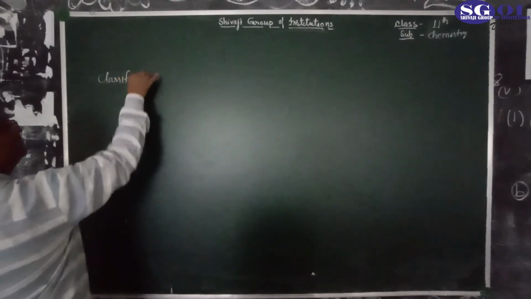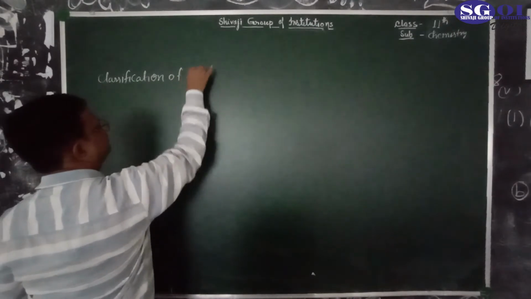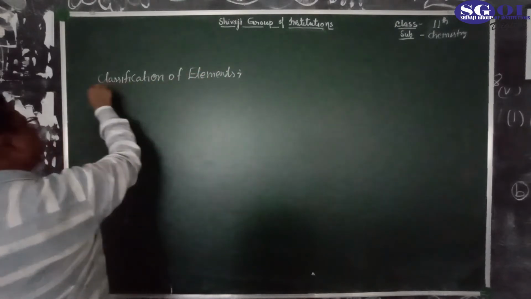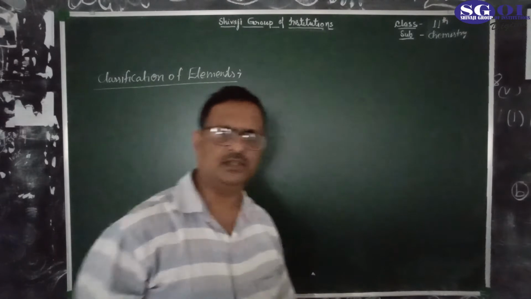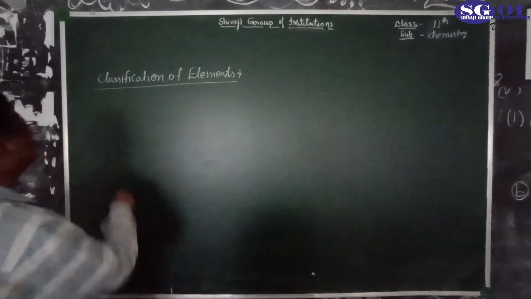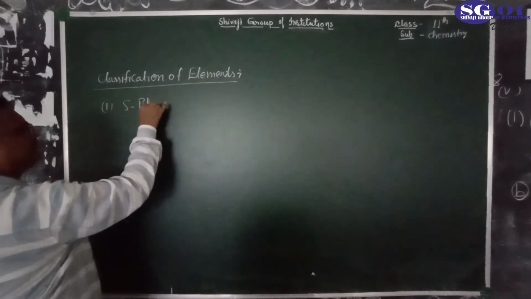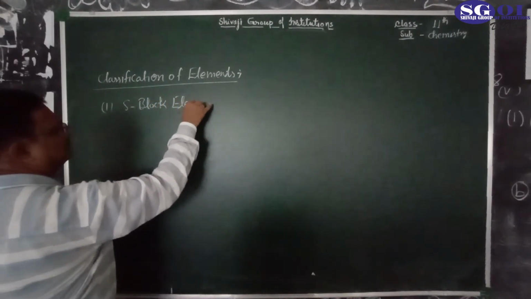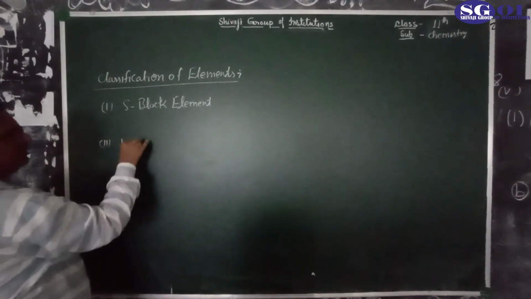So student, once more, classification of elements. Elements are classified into 4 blocks. First one is the S block element. Second one is the P block element.